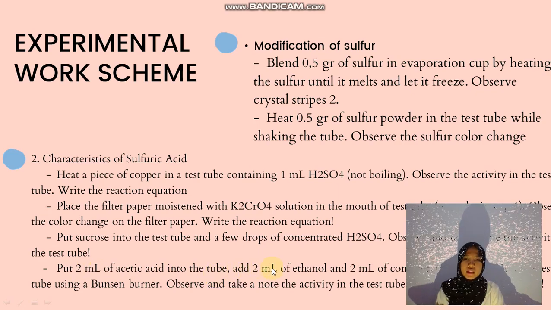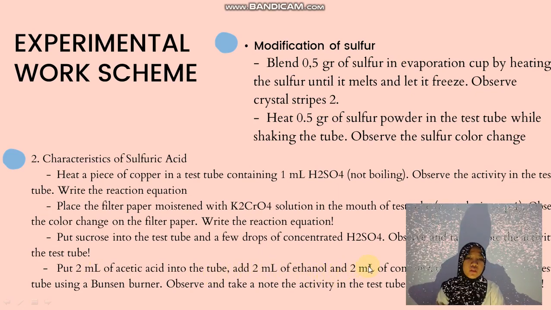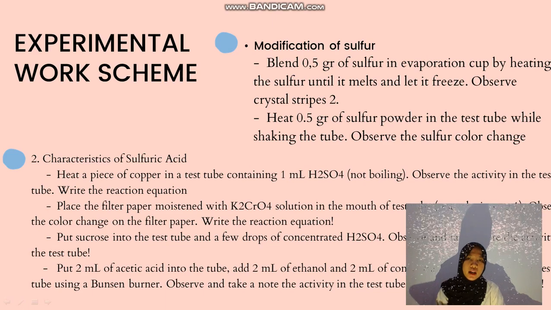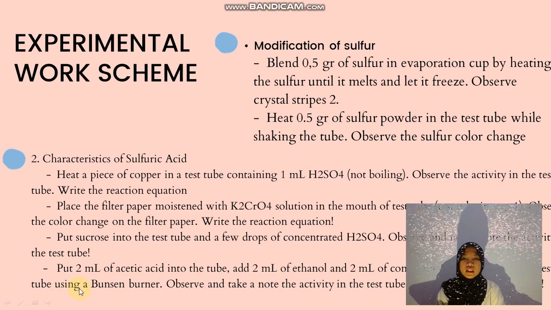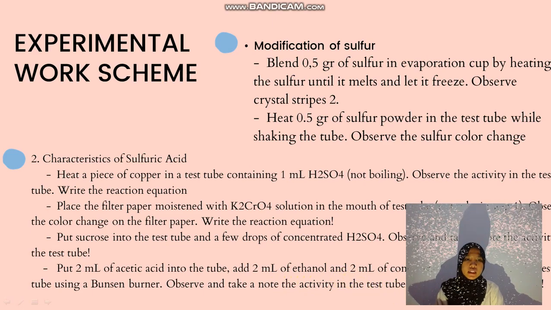Add 2 ml of ethanol and 2 ml of concentrated H2SO4. Heat the test tube using a Bunsen burner. Observe and take note of the activity in the test tube. Write the reaction equations.